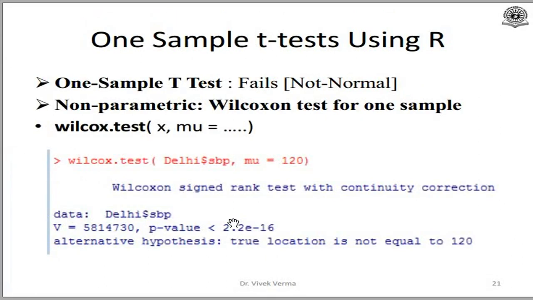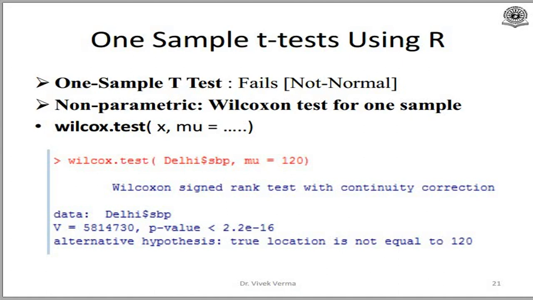What will happen if the data does not follow the normal distribution, and still we want to check whether our population mean is attained by the sample? Then the Wilcoxon test is for us, and in the non-parametric setup the command is very easy. In the same way, t.test will be replaced with wilcox.test.